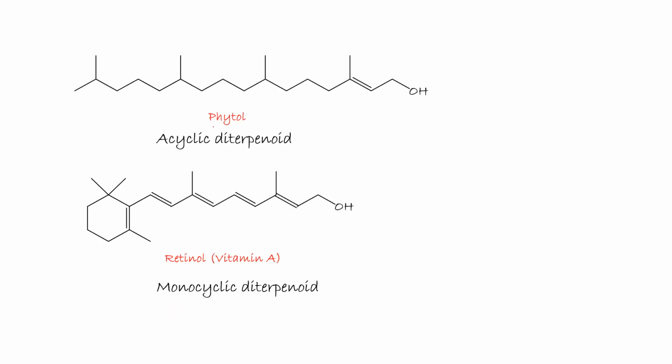Here we have phytol that contains four isoprene units and is acyclic, so it is an acyclic diterpenoid. Retinol, that's vitamin A, again four isoprene units, it's a diterpene, and only one ring, so it's a monocyclic diterpenoid.